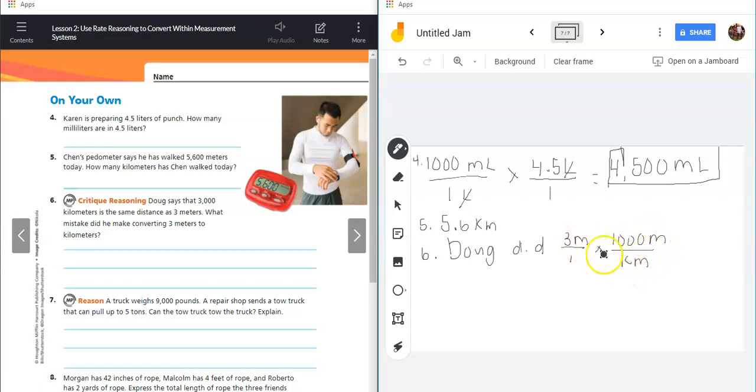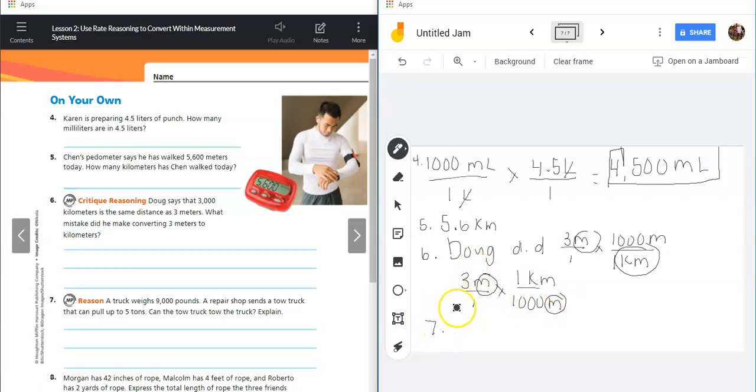So this doesn't work because this label and this label are different. Remember, going diagonal, they need to be the same. He should have said 3 meters over 1 times 1 km over 1,000 meters. Because our labels have to be diagonally the same.